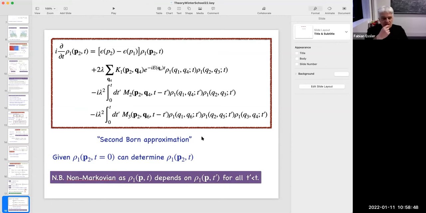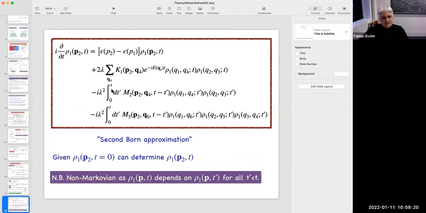The only thing to take away here is that if you're given some initial conditions, so this single particle Green's function, or the first reduced density matrix, rho 1 at time t equal to 0, you can integrate this over time and get this reduced density matrix at all later times. So this is now useful. You certainly can do this numerically on the computer.